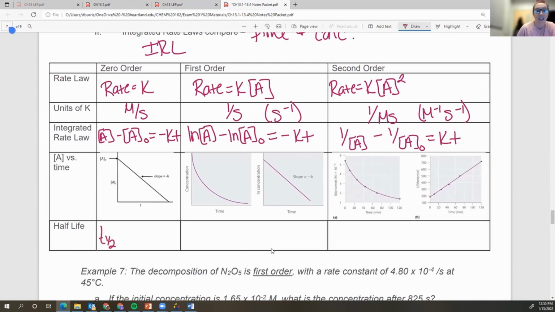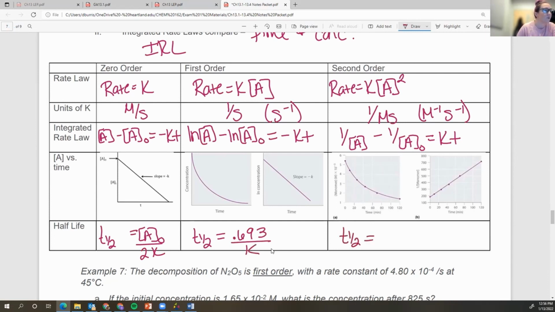So T1/2 means half-life, the amount of time for something to decay by half. For zero order, it's the concentration of A naught over 2K. Okay, the half-life in a normal radioactive relationship, which is a first order relationship, is 0.693 over K.